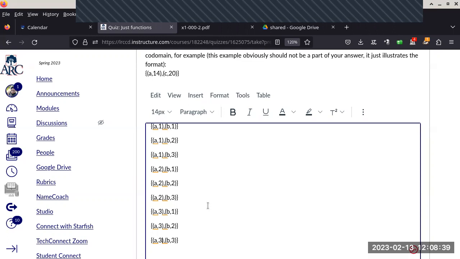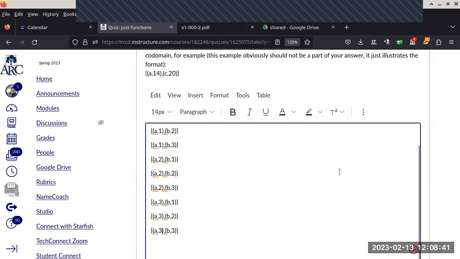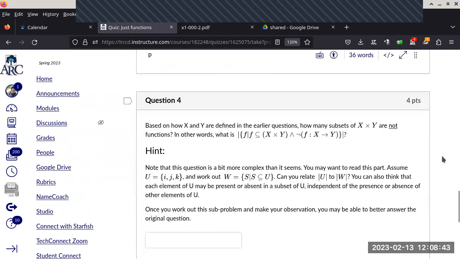All right, very good. So now we move on to the last question. The last question is based on how X and Y are defined in the earlier questions. How many subsets of X Cartesian product with Y are not functions?